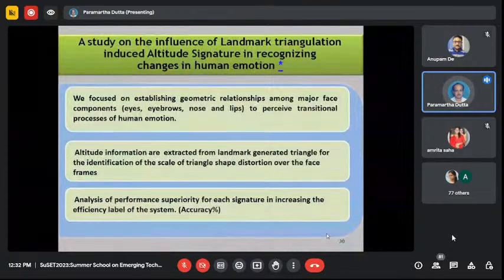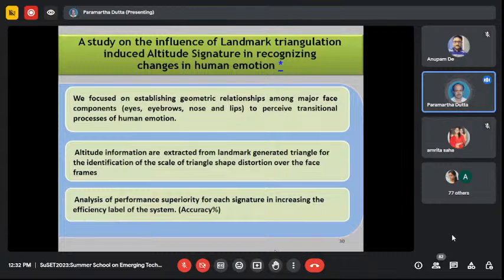So this is yet another technique. After the basic background is clear and the objective of the present task is clarified, one of the methods we have already explored is the pair-centered distance signature based geometric technique.